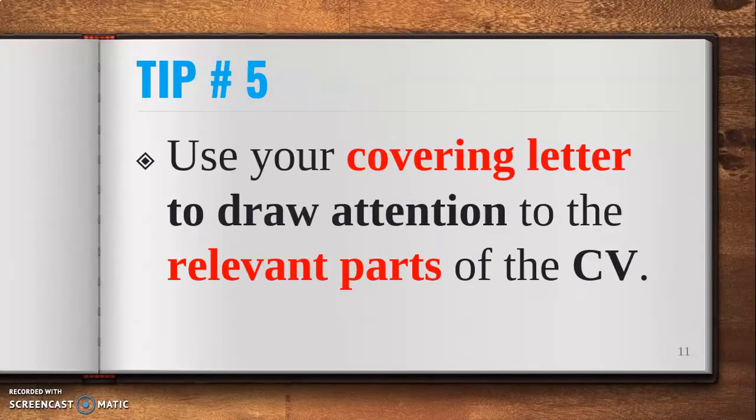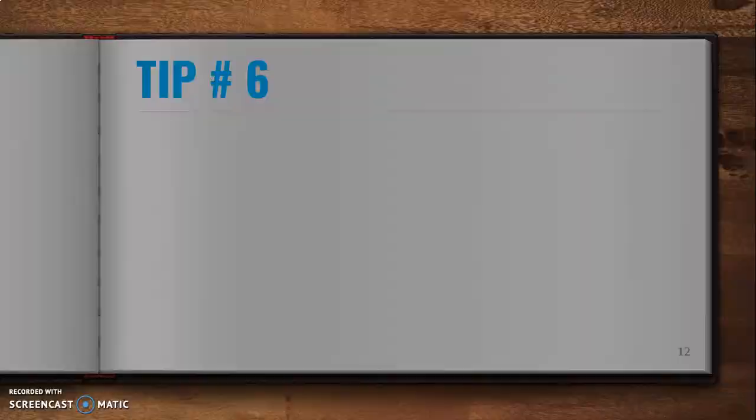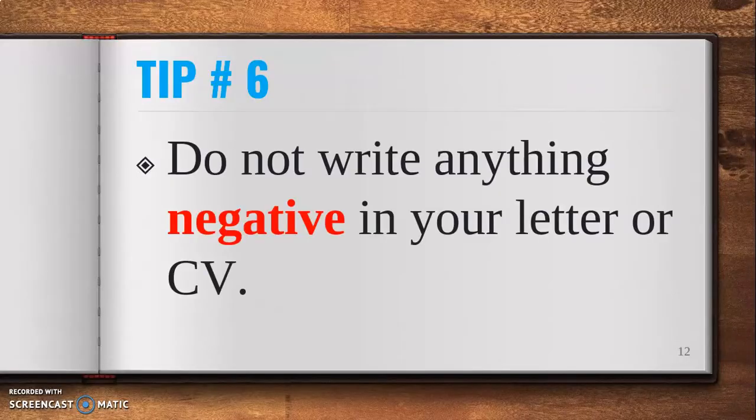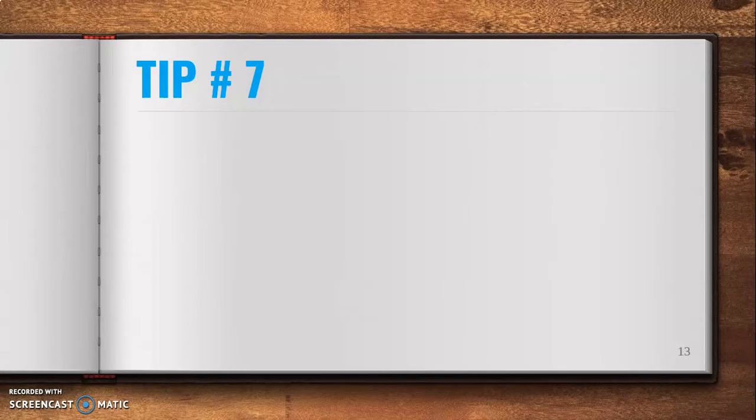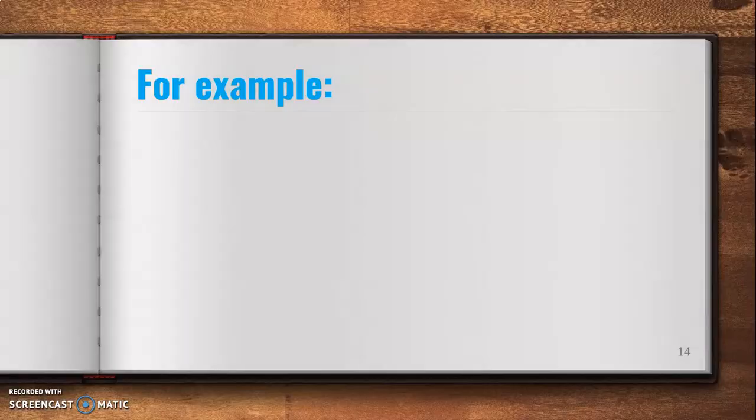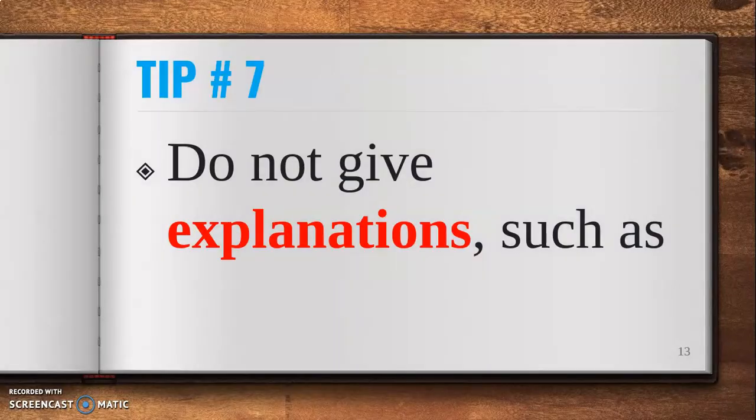Tip number 5. Use your covering letter to draw attention to the relevant or important parts of your CV. Tip number 6. Do not write anything negative in your job application letter or CV. Tip number 7. Do not give explanations.